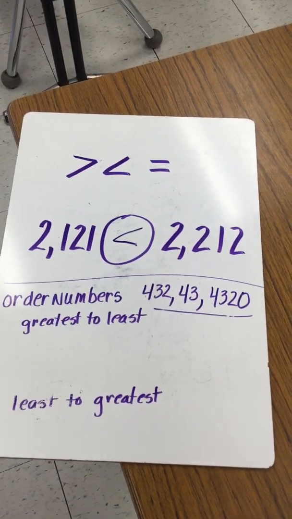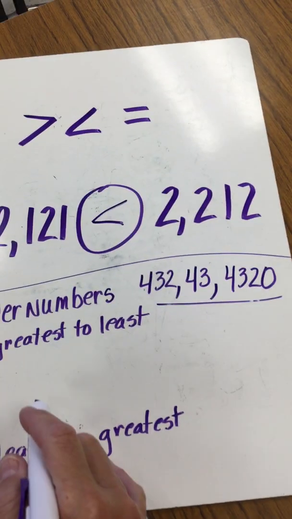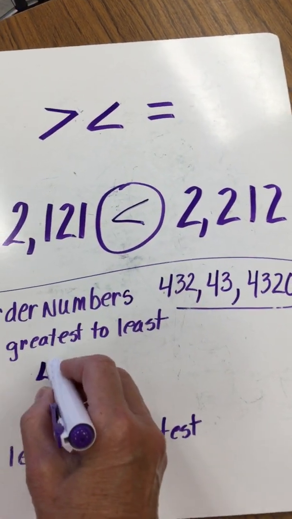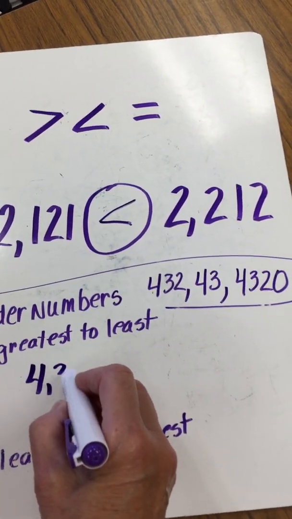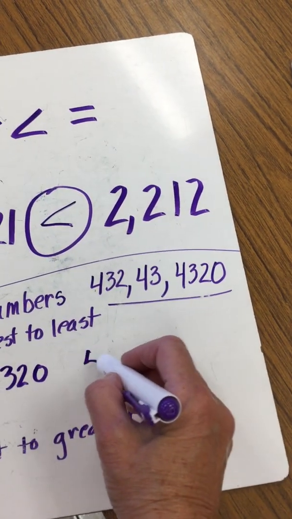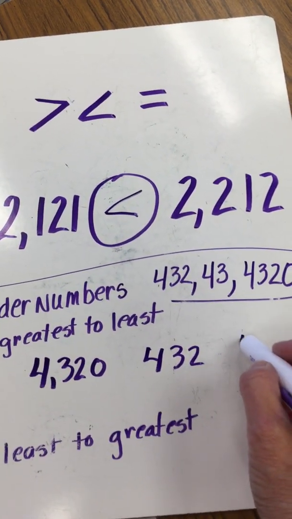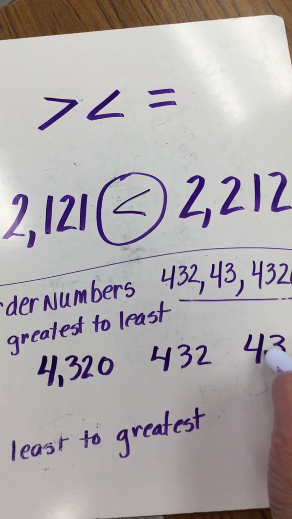So bear with me again while I do this. Okay, so biggest to smallest. My biggest number there would be 4,320. The next number would be 432. The last number, the smallest number, is 43.